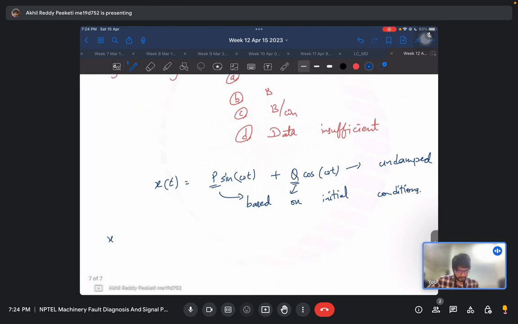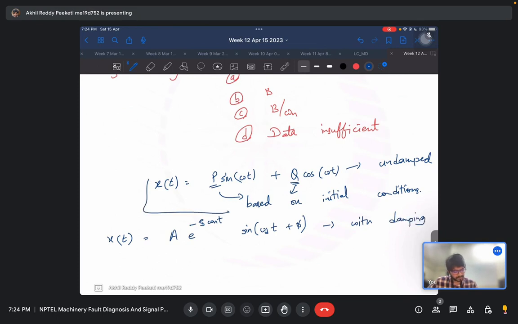If you have a damped system, the solution would take the form with damping. So since it is an undamped case, we will take this case.